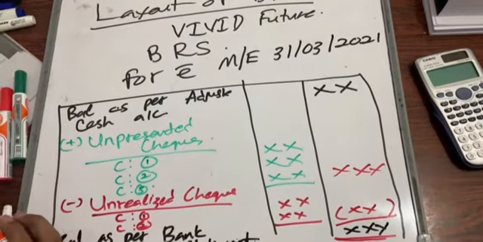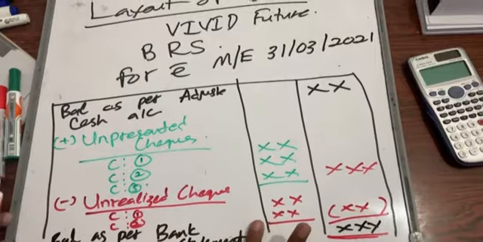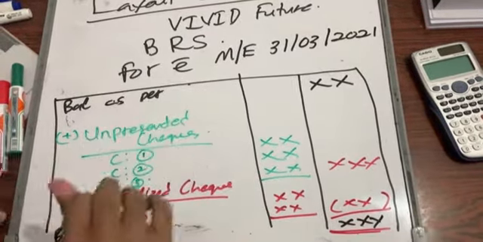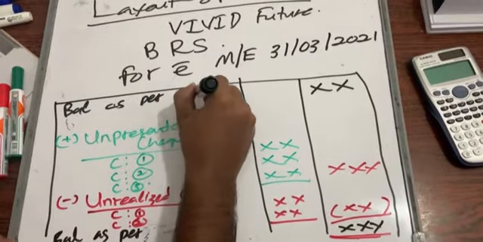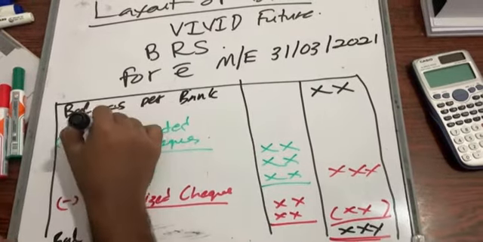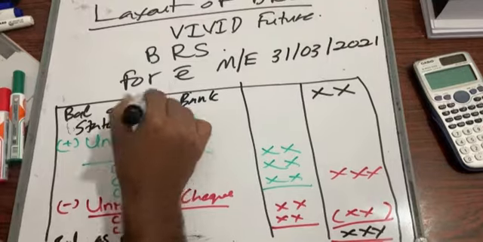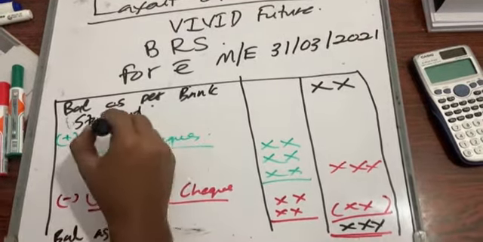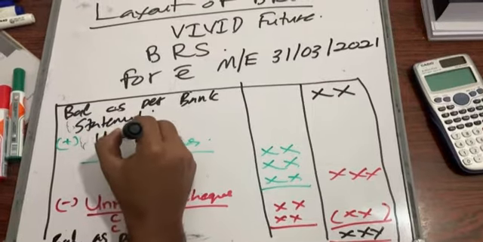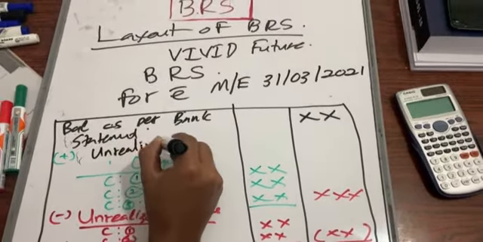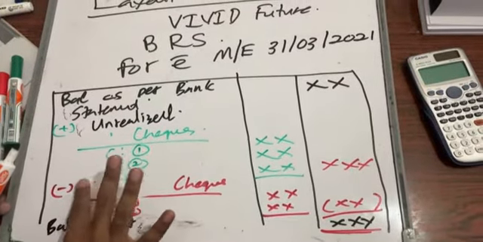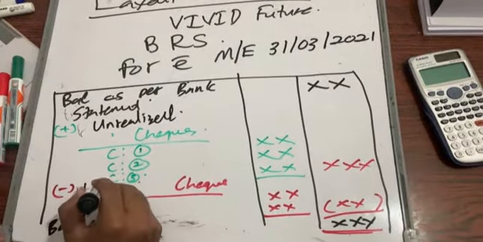Or else you can do it like this. If you start with the balance as per bank statement, you have to add unrealized checks and you have to deduct unpresented checks.